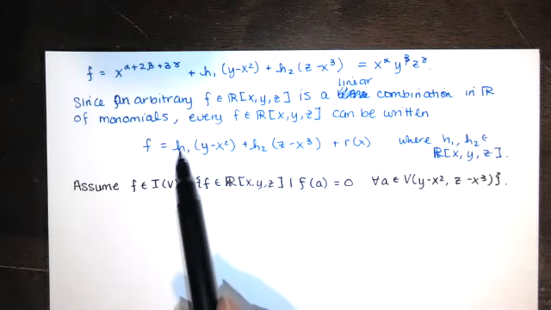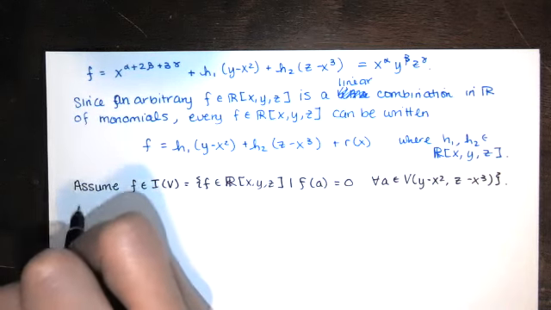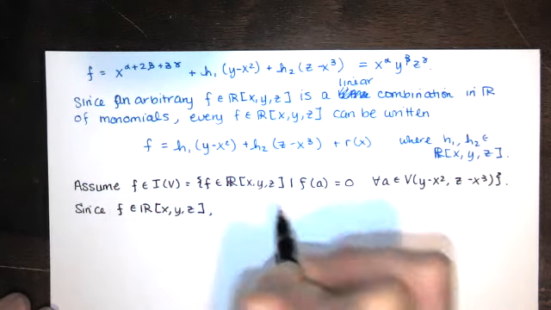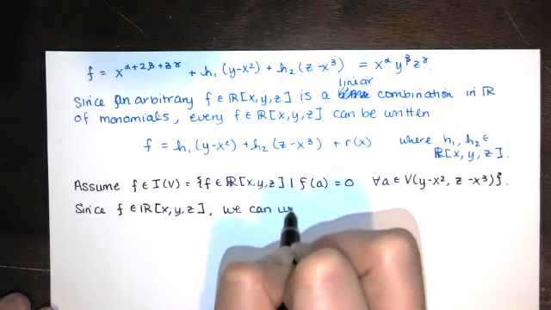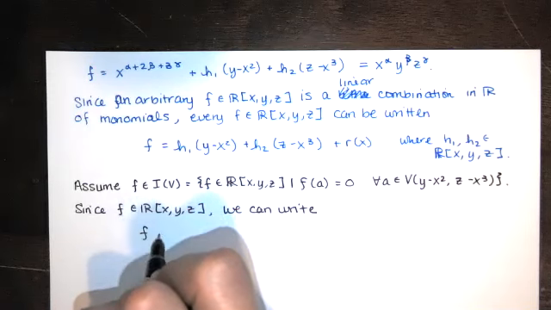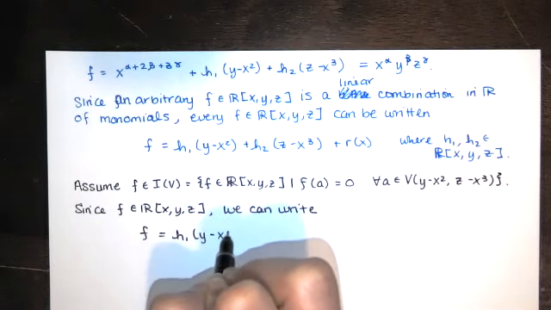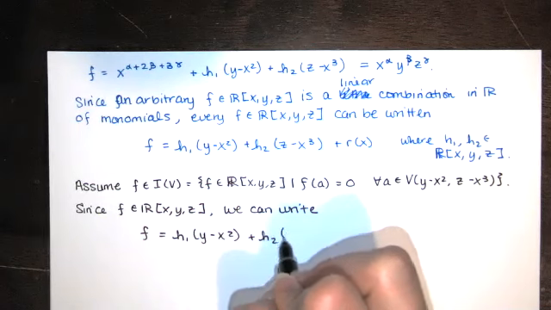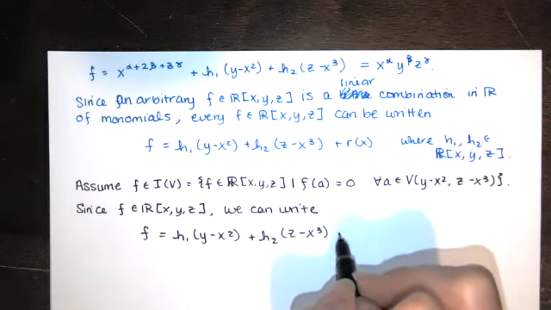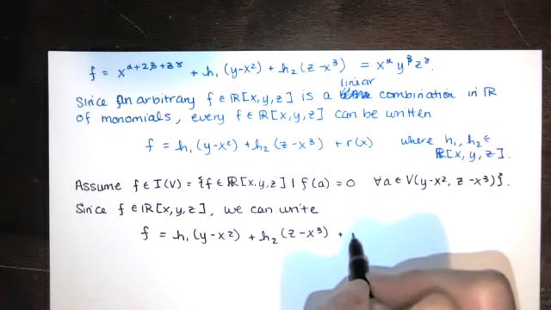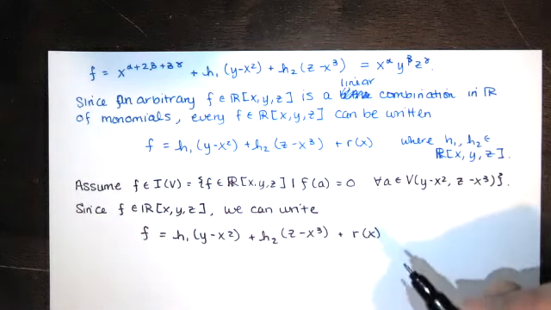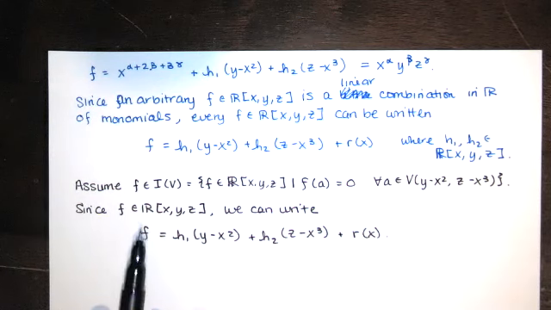Since it belongs to our polynomial ring, we know that it can be written this way, where h1 and h2 are polynomials in our polynomial ring.